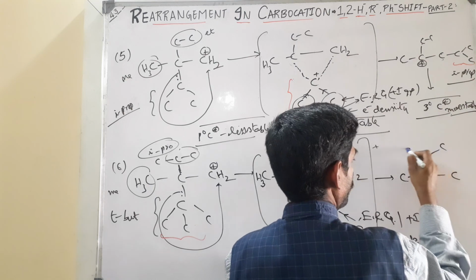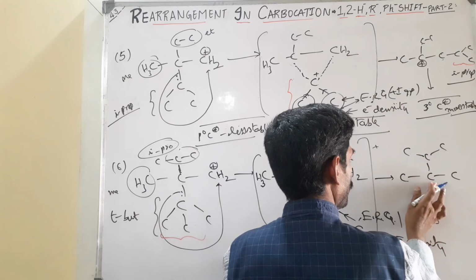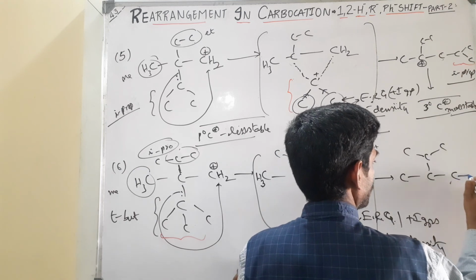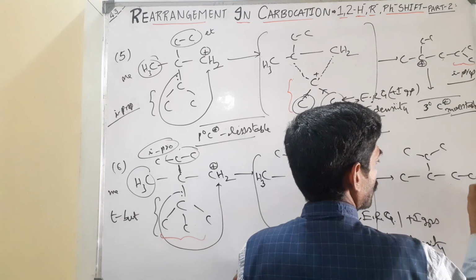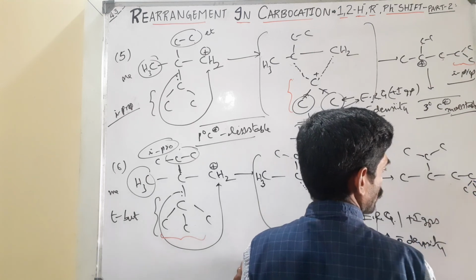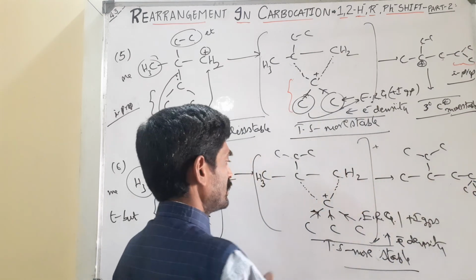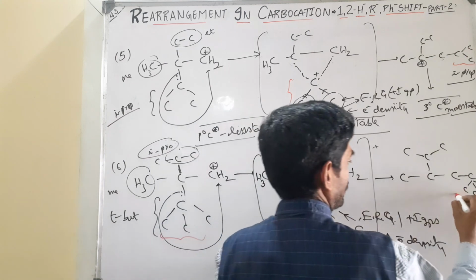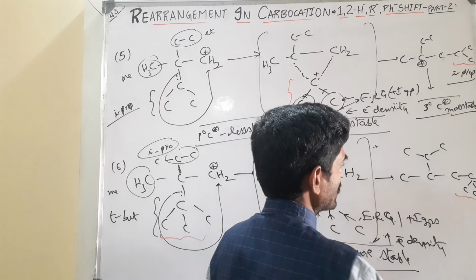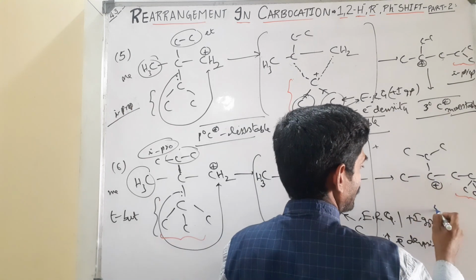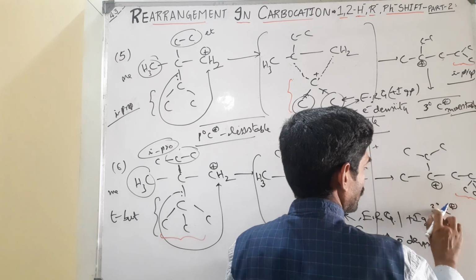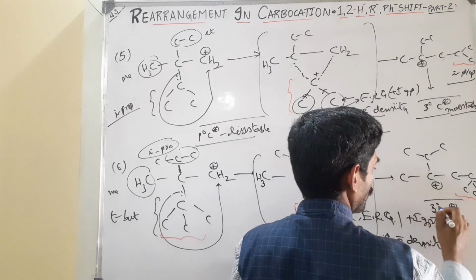It is isopropyl, and here this bond is broken. This carbon is bonded with 3 alkyl groups, so this carbon gets a positive charge. It is a tertiary carbocation, a more stable carbocation.